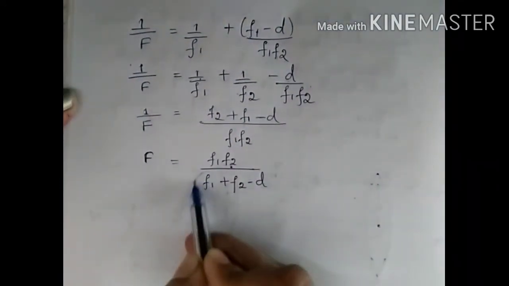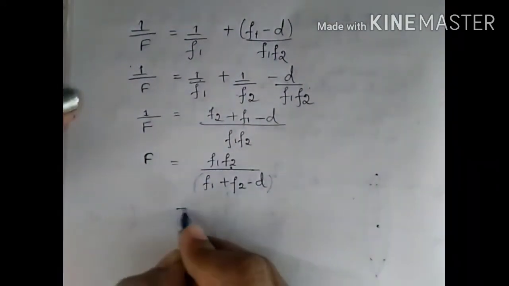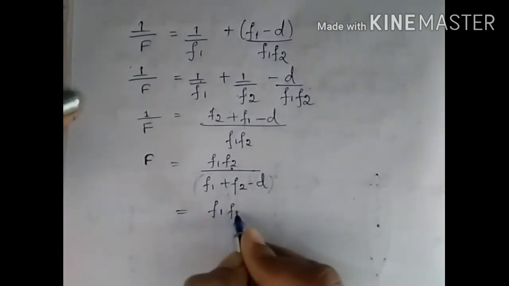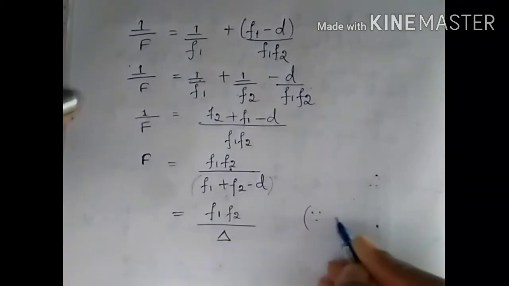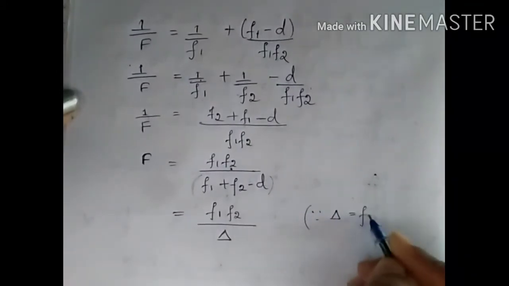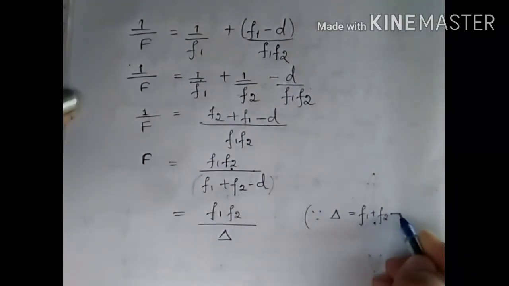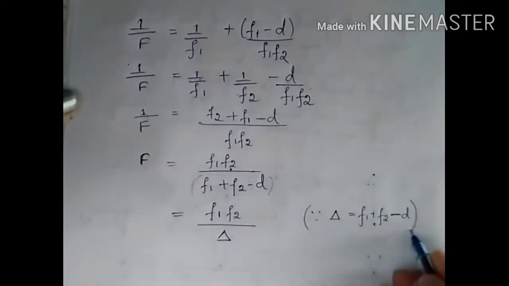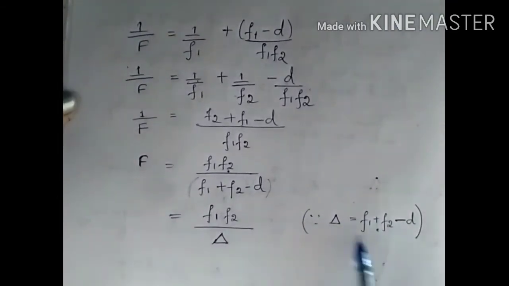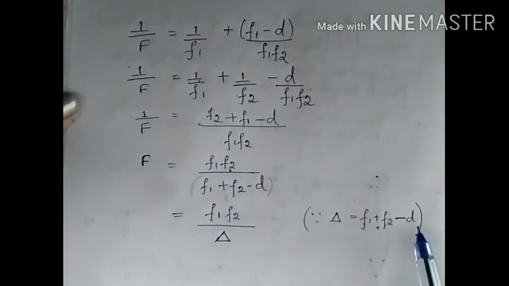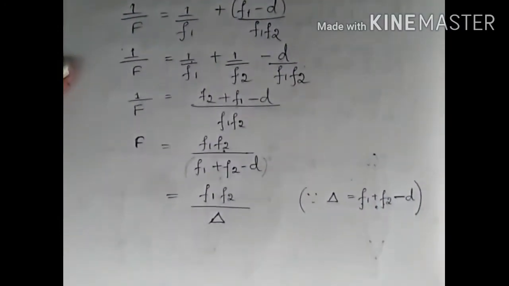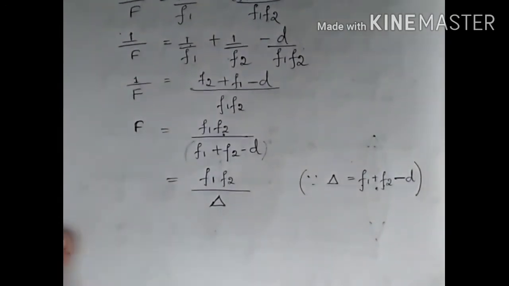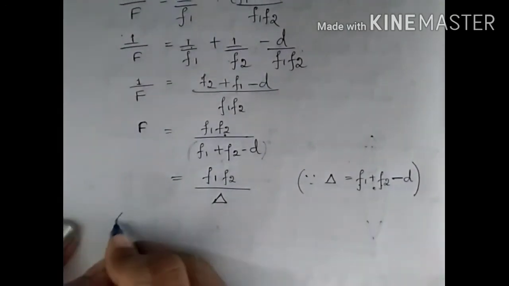You can also replace this term with delta, so you can write f1 f2 divided by delta, because delta can be written as f1 plus f2 minus d. So delta here represents f1 plus f2 minus d.